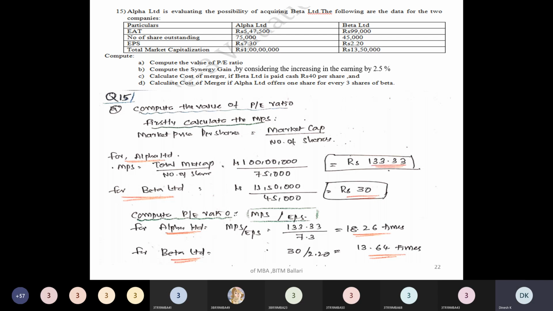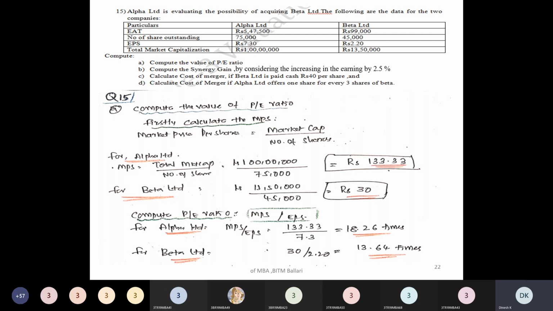So you will get earnings per share of 7.3. Then the total market capitalization is given as 1 crore. How do you get this? It is number of shares, 75,000, multiplied by market price. But the market price is not given here, so directly the total market value is given as 1 crore, and 13,50,000 for the Beta company.